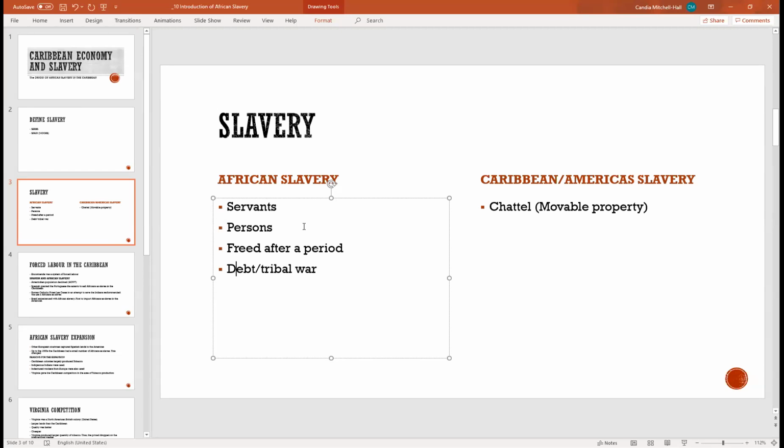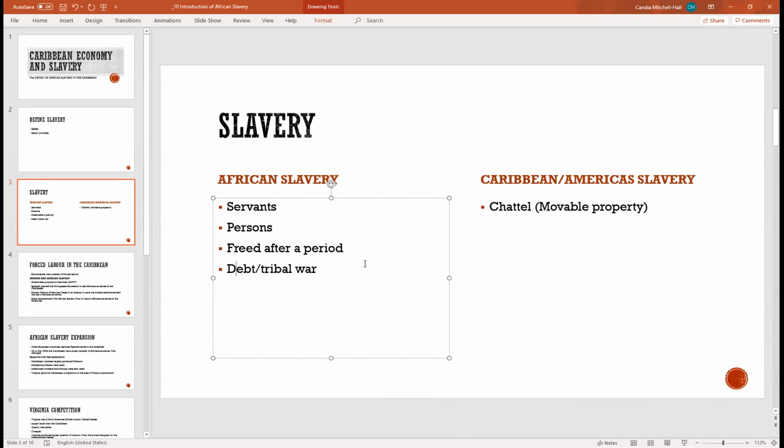Even when Spain at first enslaved some of the Moors, they were really considered persons. You enslaved them for a period of time. It was not everlasting. It was not lifetime bondage.